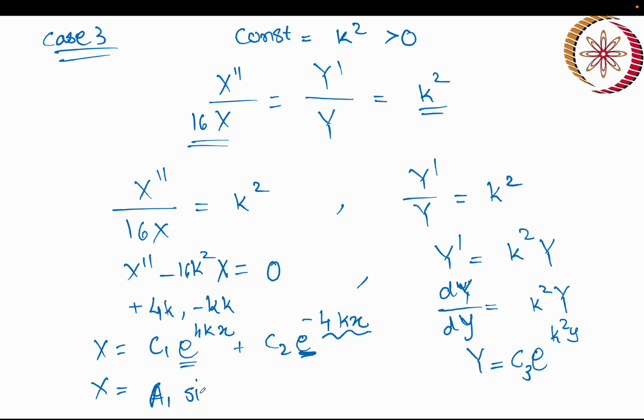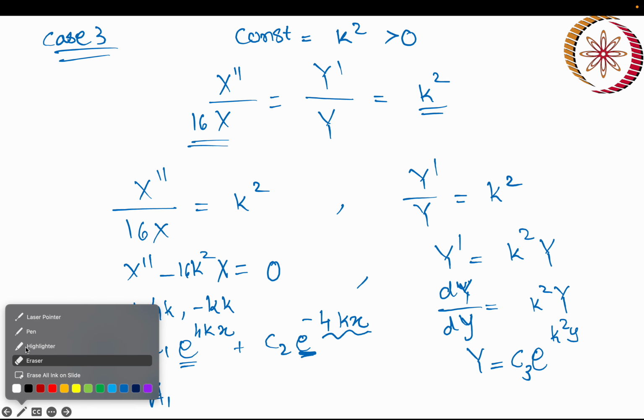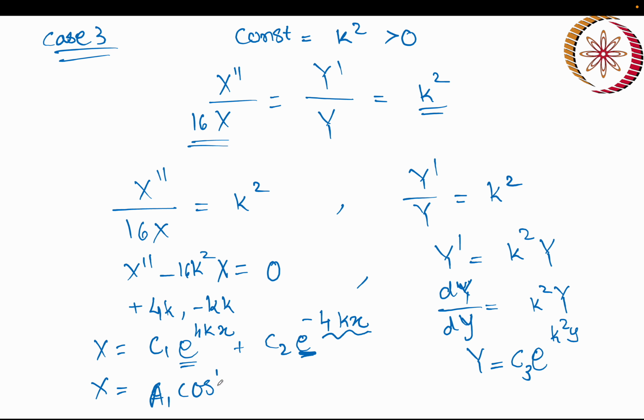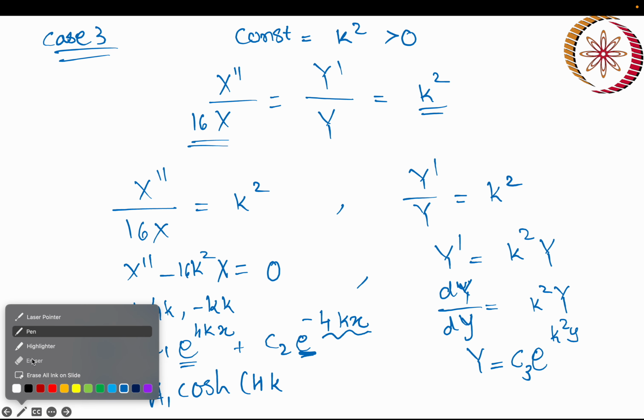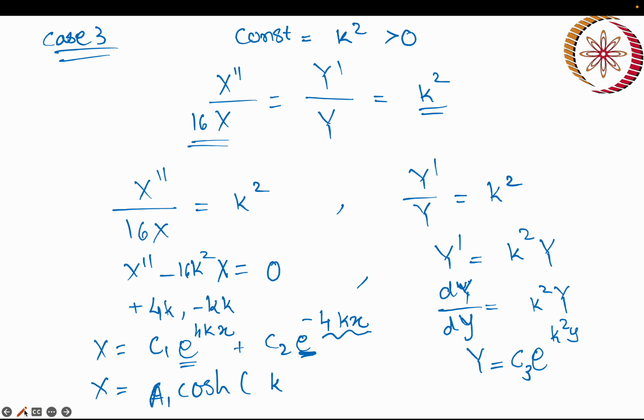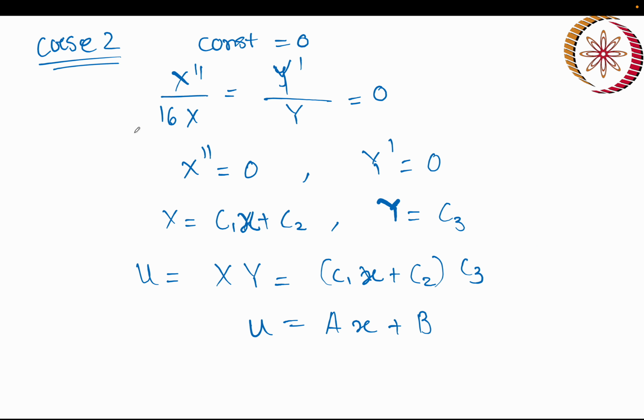So we will write that, let's say take cos first, cos hyperbolic 4kx plus b1, let's say, sine hyperbolic 4kx.